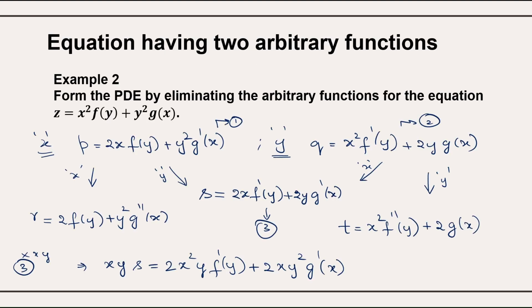So multiplying the first equation by x, x into p is equal to 2x² into f(y) plus x into y² into g'(x). You can go through the previous slide, so this is p.